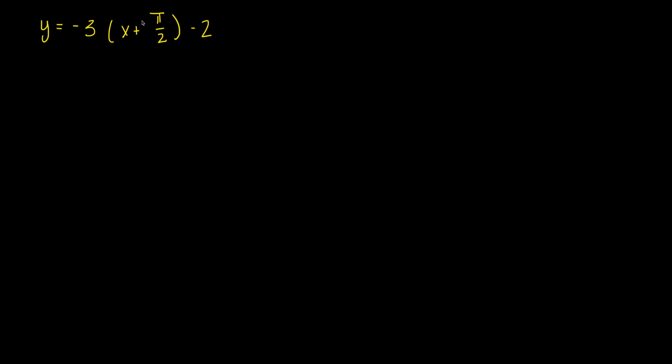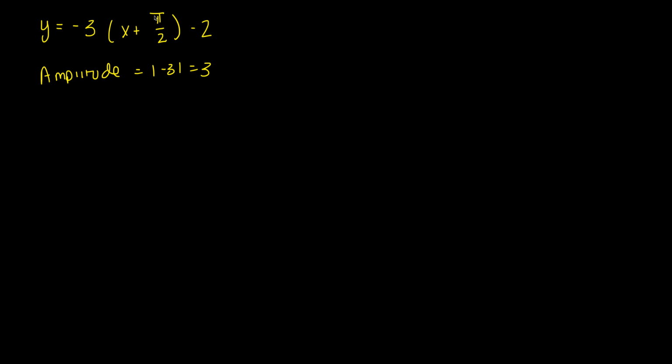We have this -3. The -3 is going to flip the graph over the x-axis, and then we have the amplitude of 3. So the way I treat this is I'm still going to say the amplitude is 3, equal to the absolute value of -3, which is 3.